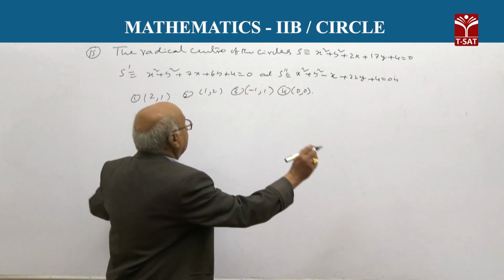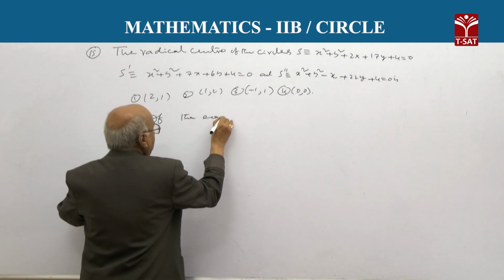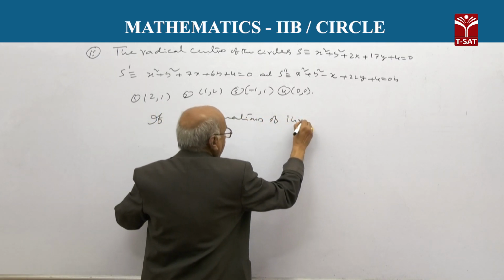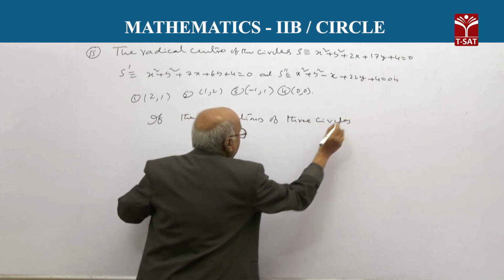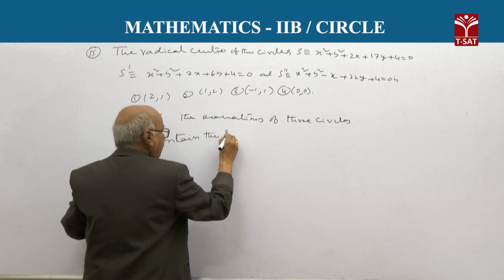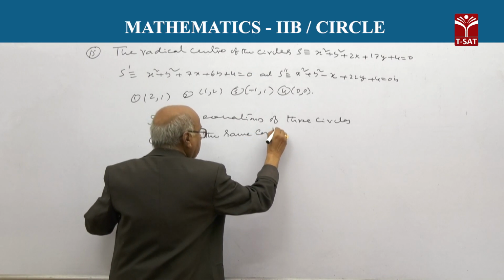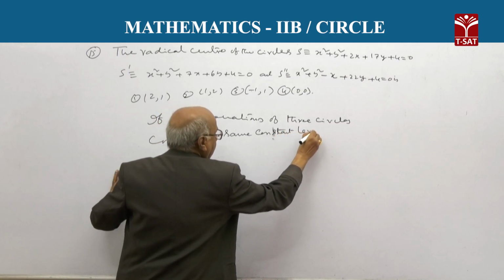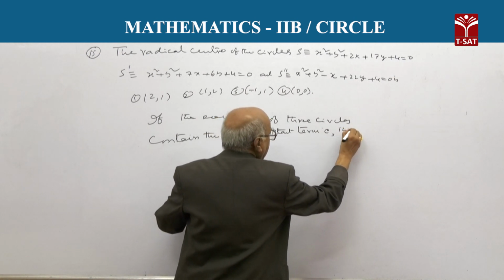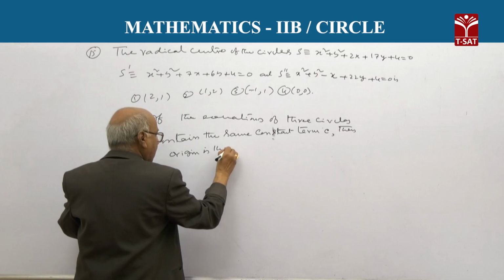So here the point is, if the equations of three circles contain the same constant term C, then the origin is the radical center.